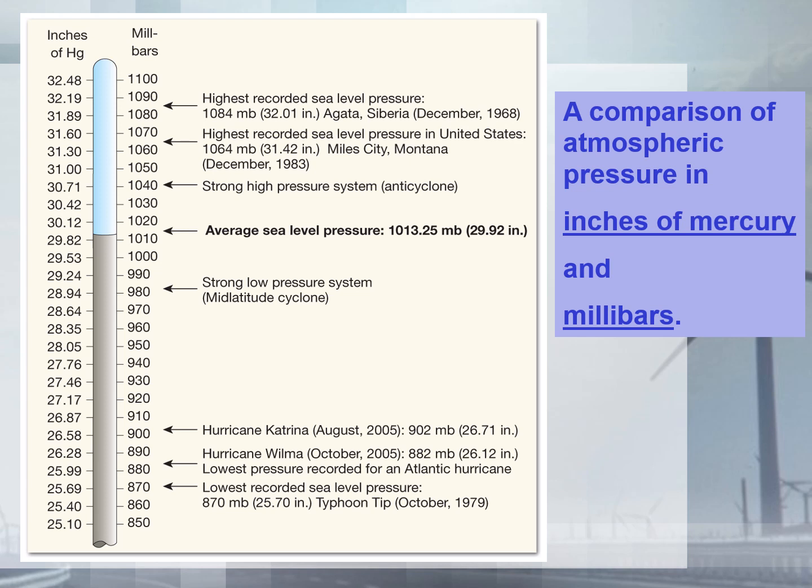And you might think, well, that's not at sea level, and you're right, but we'll see in one of these chapters, maybe this one, that they tend to report air pressures as sea level equivalents so that we can really compare them from place to place. Anyway, that was back in 1983. And then the highest recorded sea level pressure for anywhere on the planet, at least 10 years ago, was in Siberia, in December of 1968. Very strong anticyclone, high pressure system.